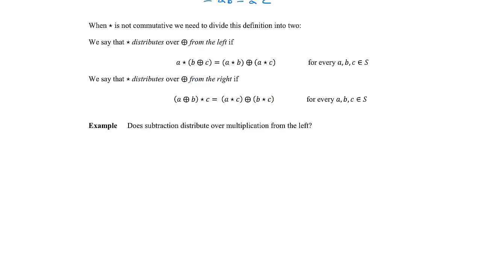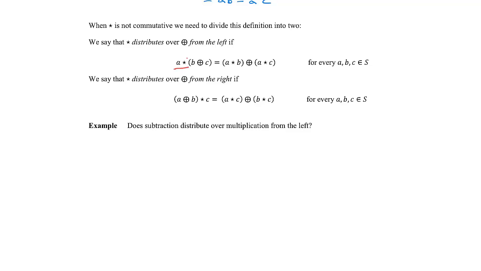So there's also a special case to watch out for when you have a non-commutative operation. If the order is important with the star operation, there are two different ways to interpret the distributive property. So let's look right here where we have A star.